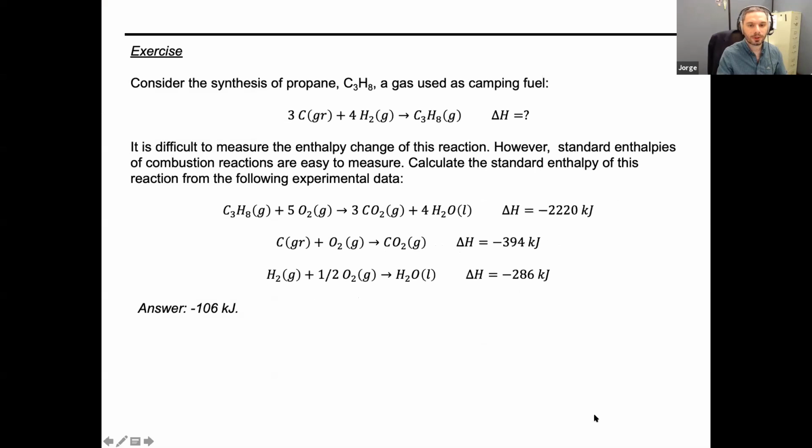Okay, so we are not going to have time to solve this problem today, but let's start it and I will give you the answer and you try afterwards.